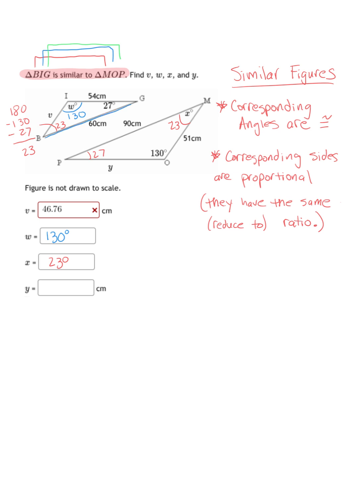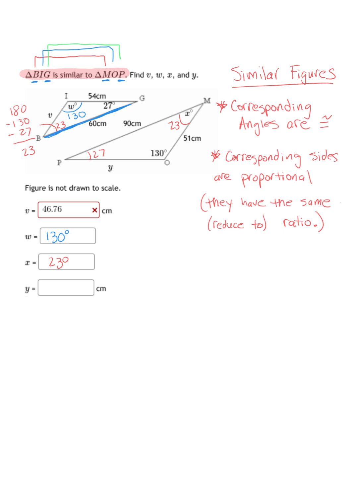This side length right here is between the B and the G. All right, if we look at our similarity statement, B is the first letter and G is the third. So BG would correspond with M and P. The first and third here and the first and third here. So B to G corresponds with M to P.